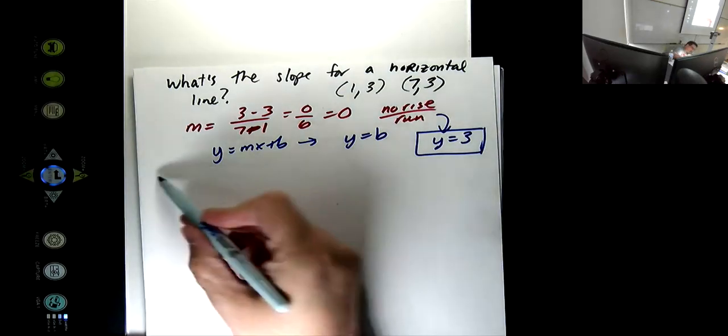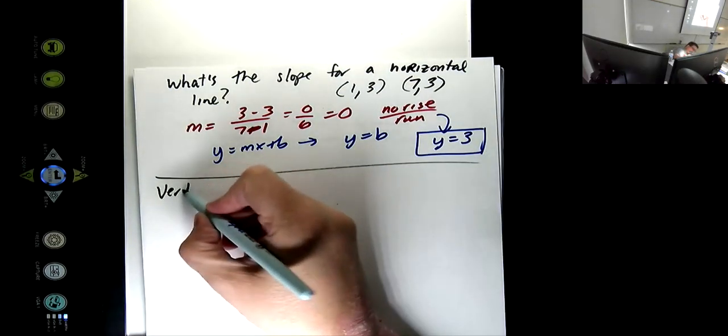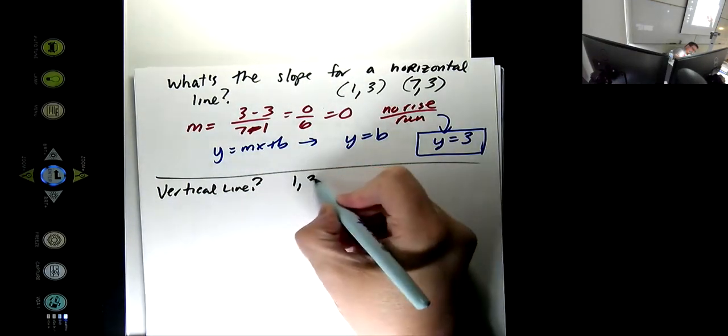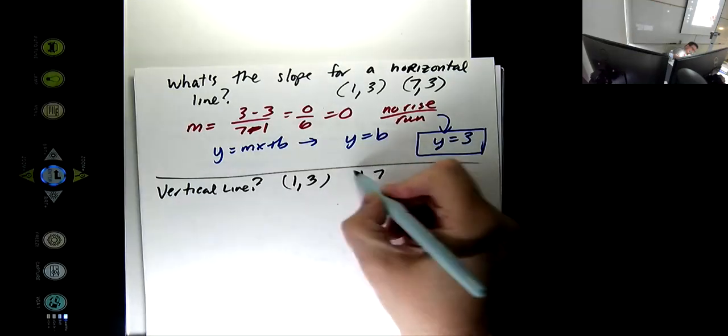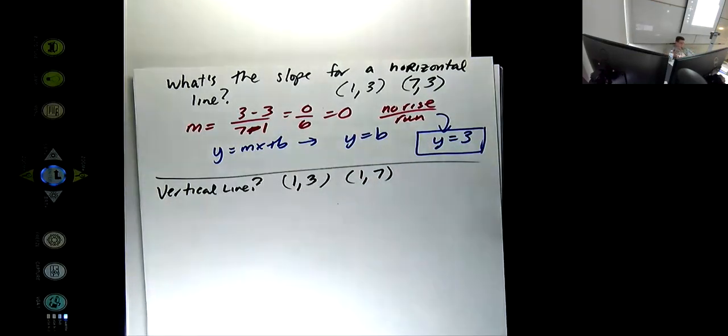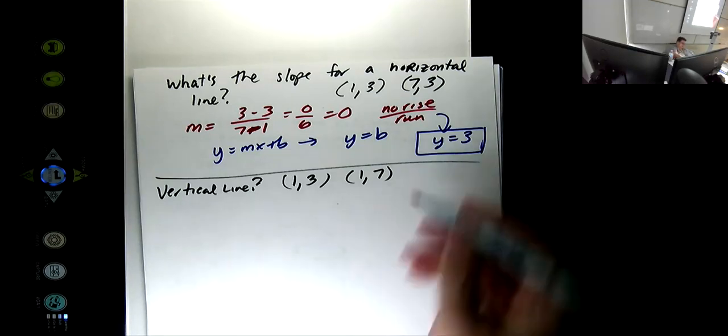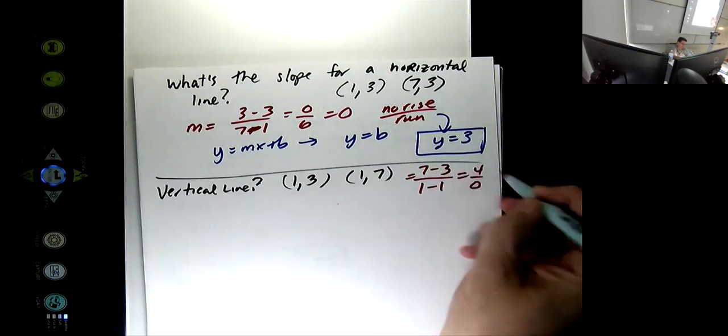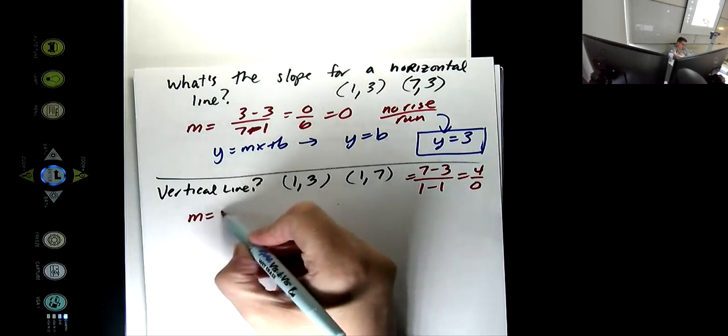What about a vertical line? (1, 3) and (1, 7). What does this mean? It doesn't exist, why? We say the slope is undefined.